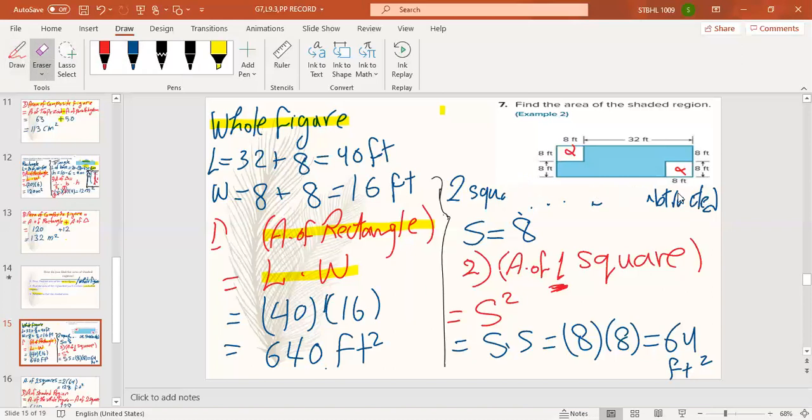The area of one square equals side squared, which is side times side, and the side of one small square here is 8 feet. So 8 times 8 equals 64 square feet.